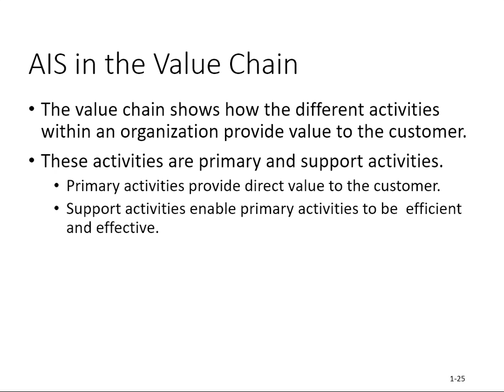AIS in the value chain. First, what is a value chain? A value chain is a chain that links all primary and support activities in a business. So what are primary activities? Primary activities provide direct value to the customer. Support activities enable primary activities to be efficient and effective.